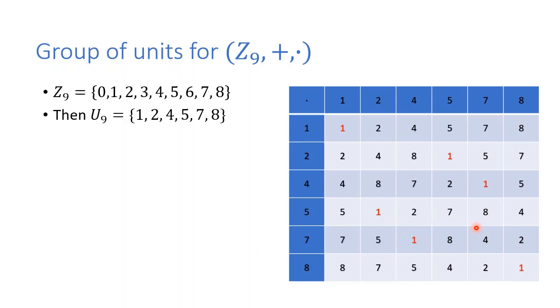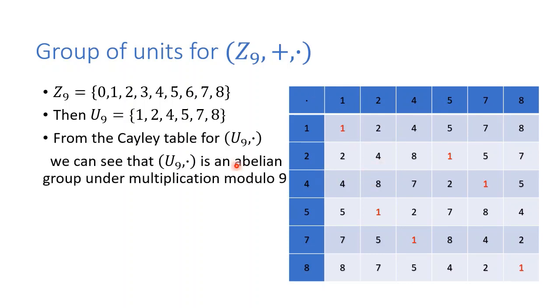So from the set Z9 we have collected a subset that alone forms a group under multiplication modulo 9. From this table we see that U9, dot is an abelian group under multiplication modulo 9.